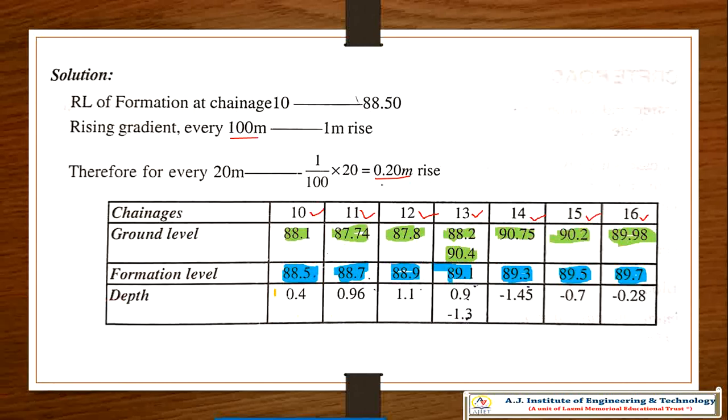Now depth is equal to what? Depth is equal to formation level minus ground level. So it will be 0.4, 0.96, 1.1, 0.9, and 89.1 is 0.9, 89.94 is minus 1.3. Okay, that will be cutting.